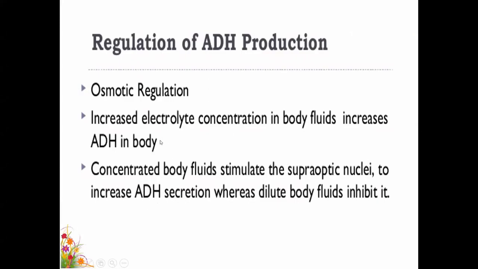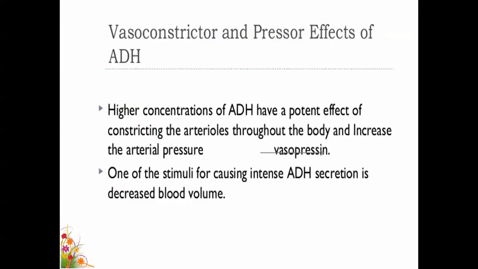So when there is a high amount of ADH, the water will be reabsorbed into the body. When there are dilute body fluids, the ADH production will be inhibited, the reabsorption of water into the body will be prevented, and the water will be released with the urine at a high level.